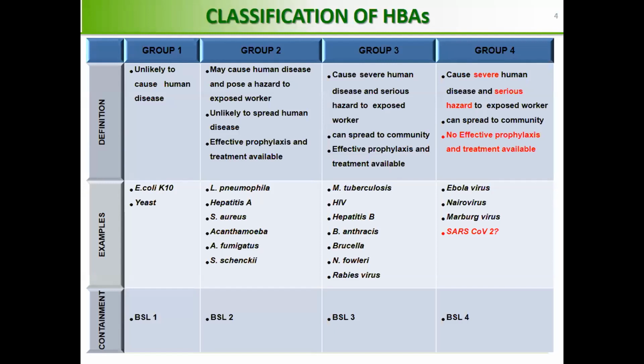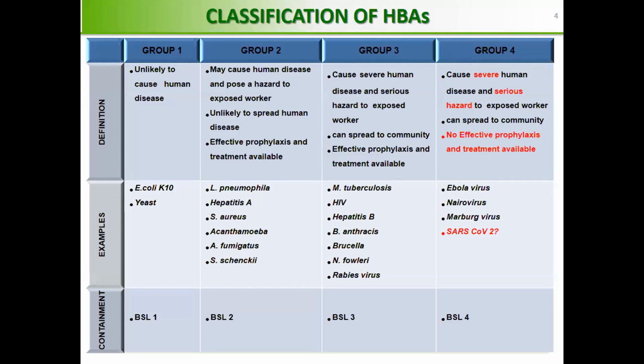The main group that is our focus today is group 4, for coronavirus, because we know that it can cause severe human disease and it can be a serious hazard to the exposed worker, and it can spread to the community. And we all know there is no treatment available at the moment.